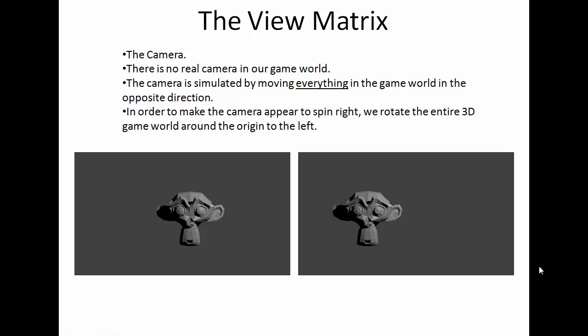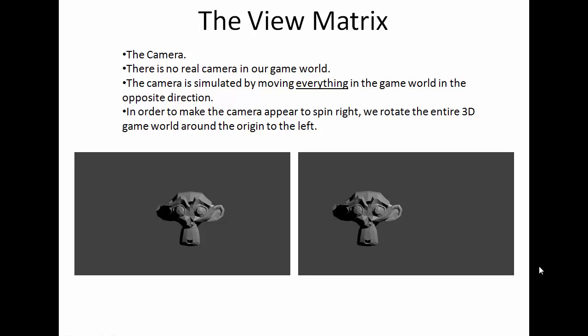So if you rotate everything in the world 10 degrees to the right, it will appear as if the camera rotated 10 degrees to the left. Everything is in reverse. You're moving the entire world, either rotating it or repositioning it, to make it appear as if the camera rotated or the camera was repositioned, but the camera can't move.